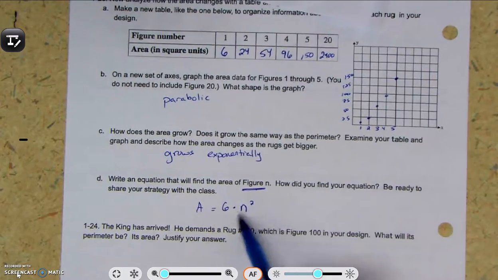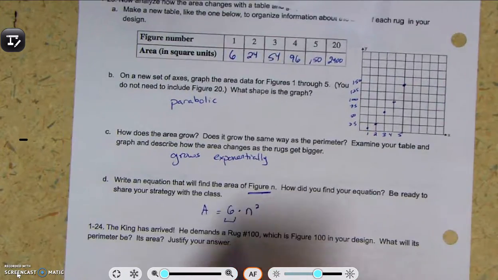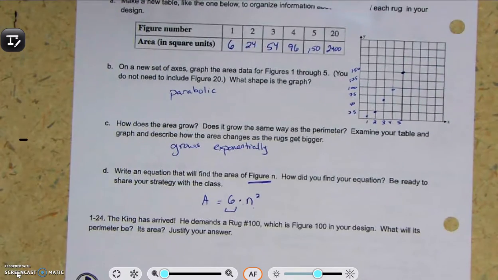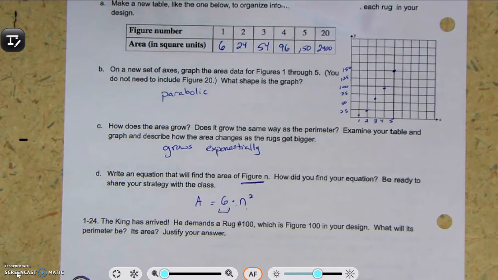So whatever the area of your first one is, just replace this 6 with it, but we're definitely going to have that n squared. So that would be the area, again growing exponentially. All right, and I think that is it.